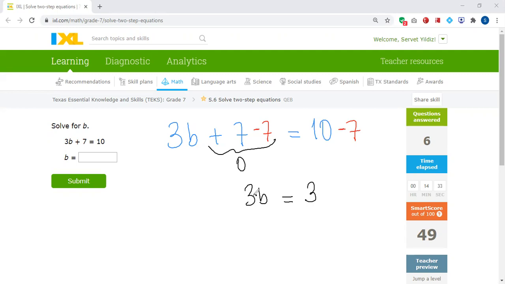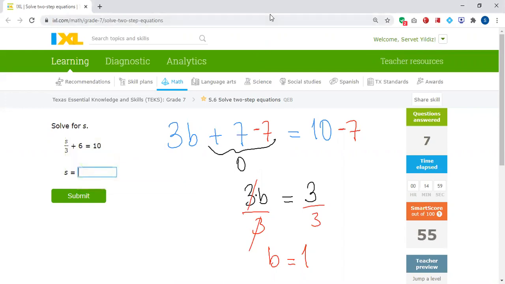So 3 times 1 is equal to 3. Or you can just divide both sides by 3. 3 and 3 will be canceled out. On the left, I'm going to be left with b. And on the right, I'm going to be left with 3 divided by 3, which is 1. So b is equal to 1 is the answer here.